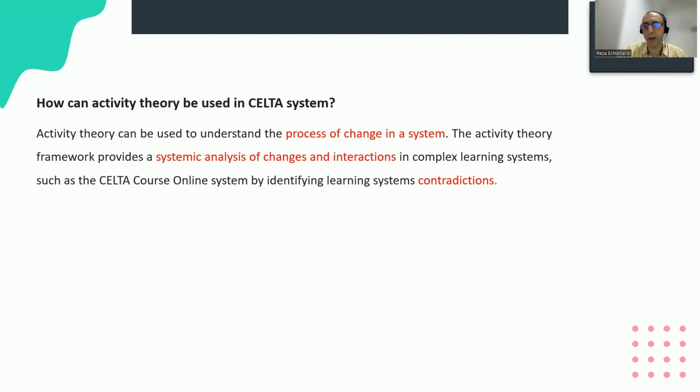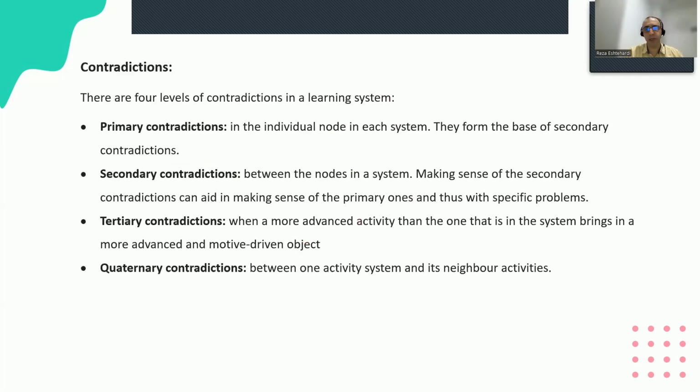For this reason, activity theory introduces 4 levels of contradictions: primary contradiction, secondary contradiction, tertiary contradictions, and quaternary contradictions.